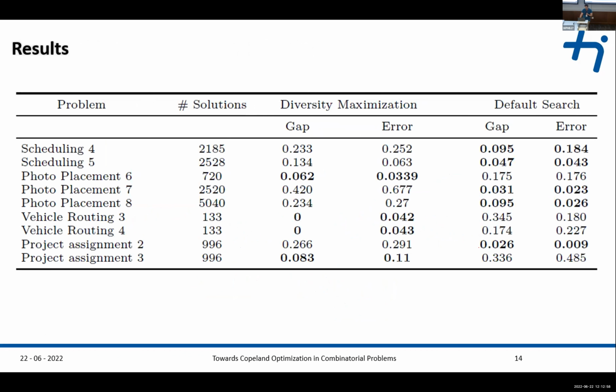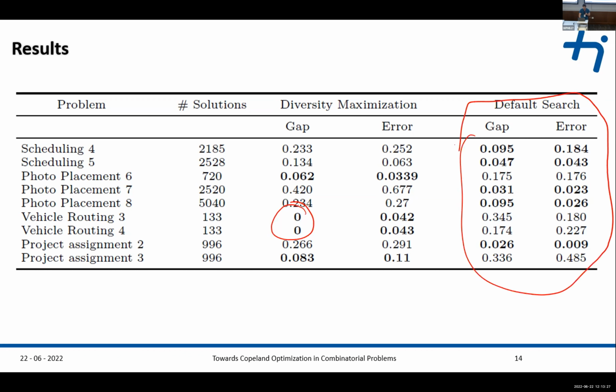We ran these experiments on the following problems and instances. First of all, the one thing we note is that diversity maximization didn't have a clear advantage. It was helpful in determining the Copeland winner for vehicle routing. But in general, the gaps and errors were relatively low already with the default search.